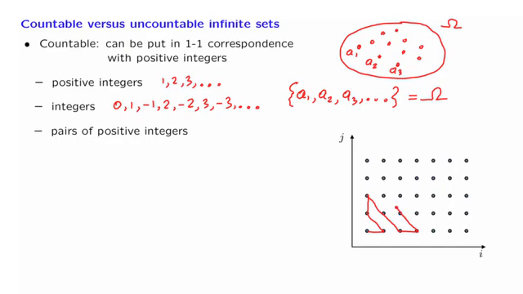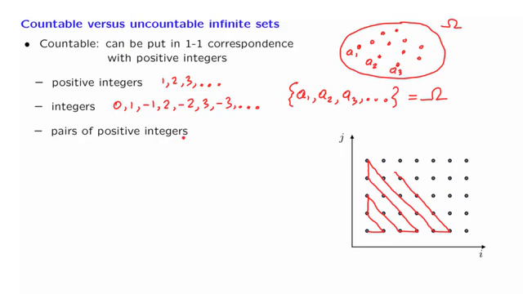So you can probably get the sense of how this path is going, and by continuing this way over and over, we're going to cover the entire set of all pairs of positive integers. So we have managed to arrange them in a sequence, so the set of all such pairs is indeed a countable set.